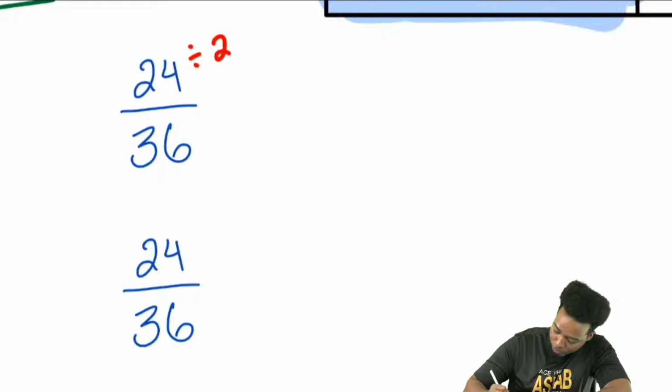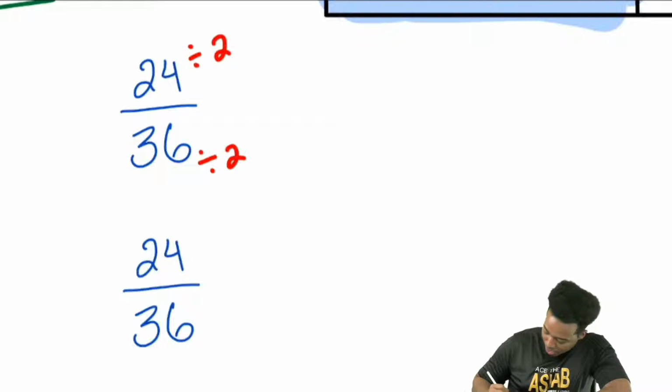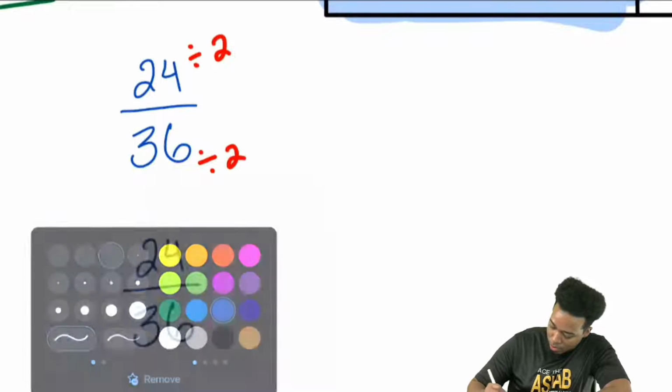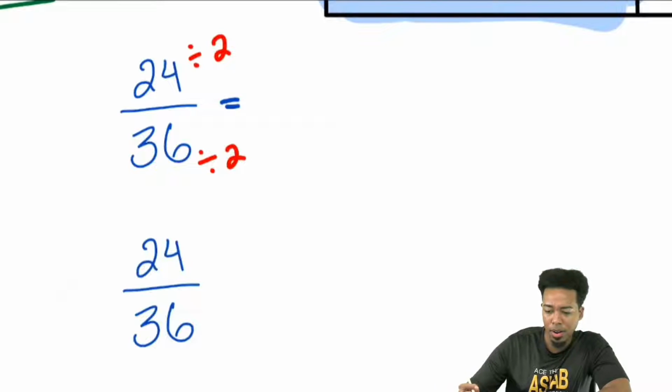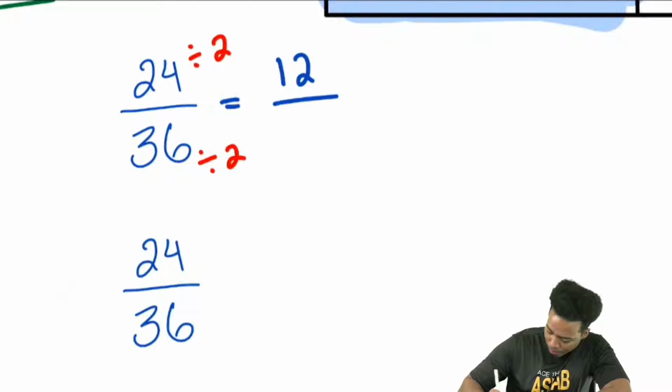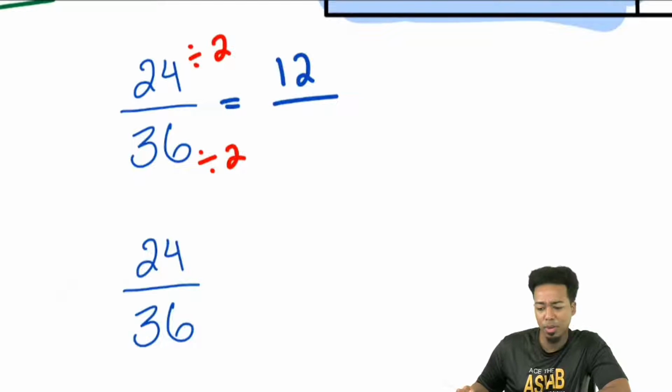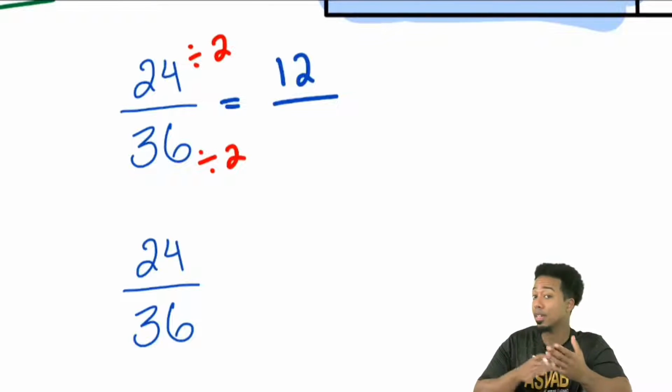24 divided by 2, 36 divided by 2. Everybody, 24 divided by 2 is going to be what? It's going to be 12. Thank you. And then 36 divided by 2, that's going to be what, everybody? That's a harder one. 36 divided by 2 is 18. That's right. 18 times 2 is 36.